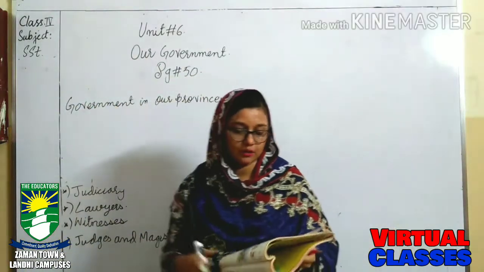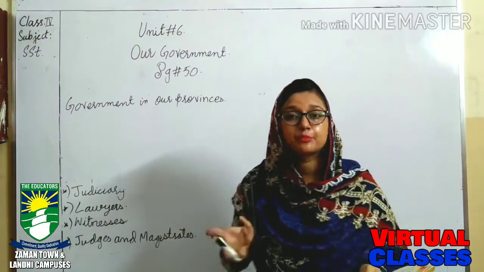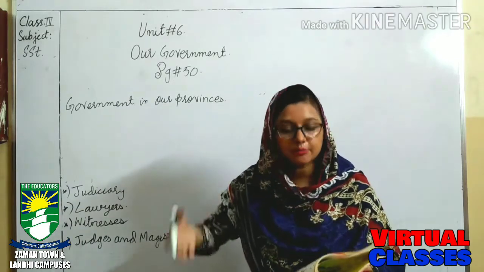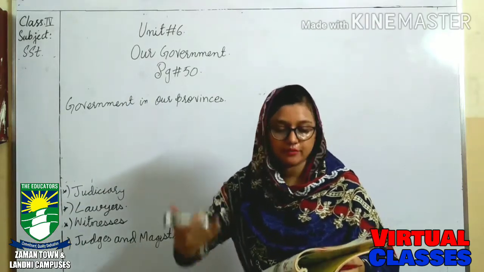The head of the government in each province is called the chief minister. The chief minister chooses other ministers to help run the province.